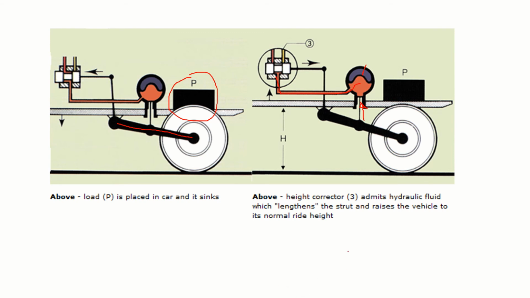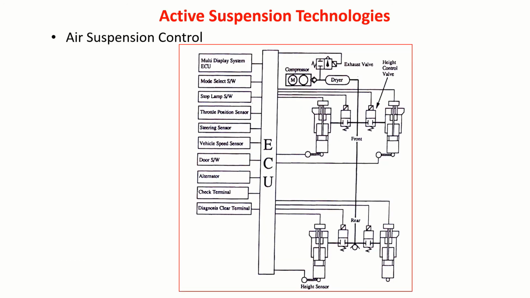The correct one is, you see here, let me read out. Height corrector 3 admits hydraulic fluid, which will push this way, it will increase the length, lengthens the strut and raises the vehicle to its normal ride height. Okay, right. So, sorry for the wrong explanation. How hydropneumatic suspension works, you can see from this video.